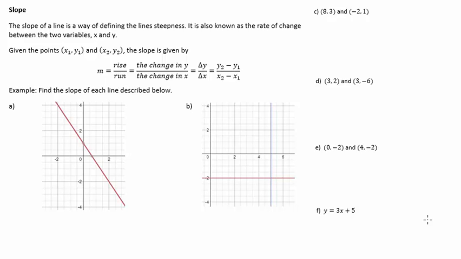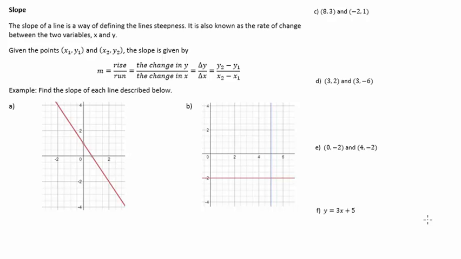And so we also call it the rate of change between x and y. We have formulas to represent it. If you're given 2 points, x1, y1, and x2, y2, which is a notation we see crop up in math, like when we deal with circles or the distance formula, the slope is given by m equals, in words, the rise over the run.